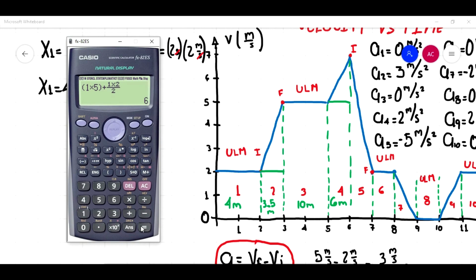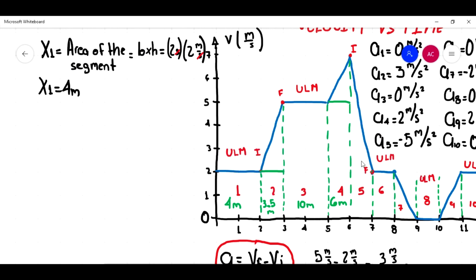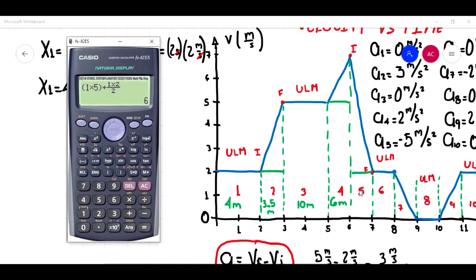And segment number 5 is going to be exactly the same. I'm going to separate it. First I'm going to find the area of the little rectangle. The base is 1 and the height is 2. 1 times 2, plus a triangle.